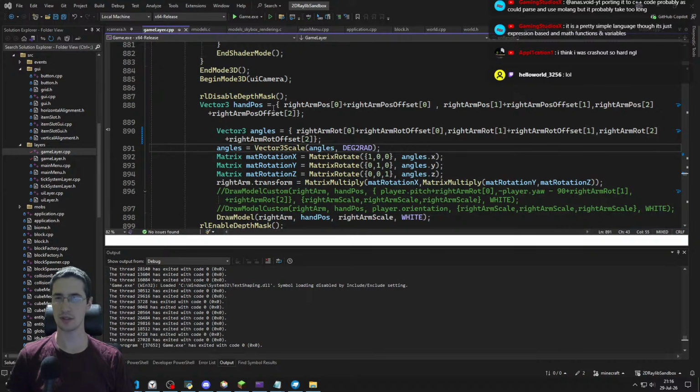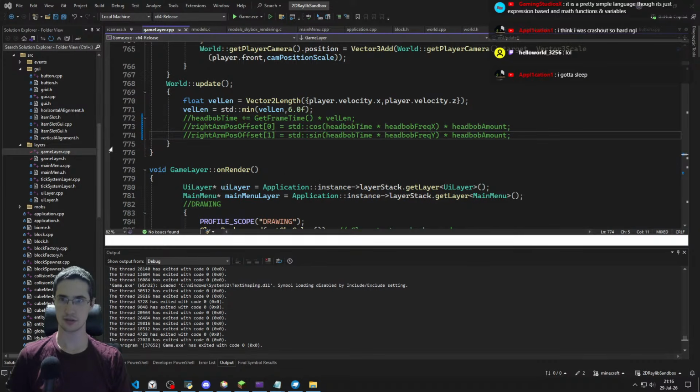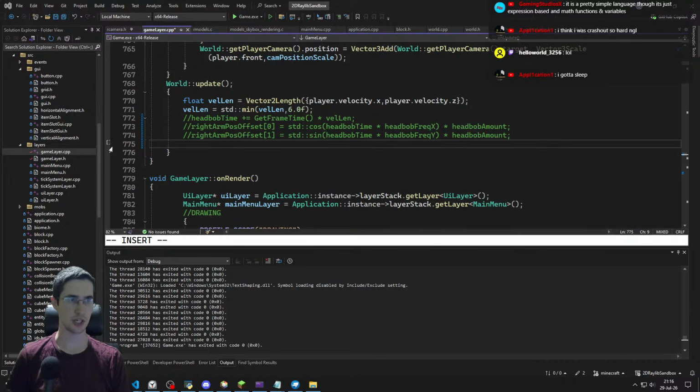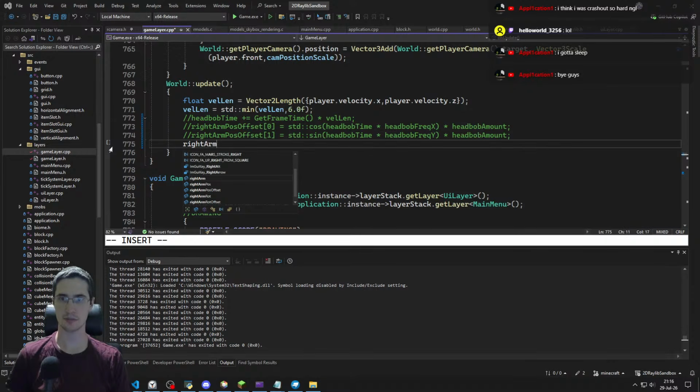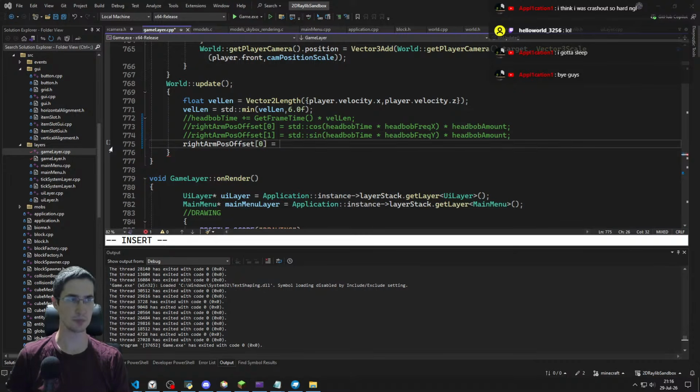Let's now go back here. On every frame, we'll change the position and rotation offset using sine and cosine. That's what we're going to do. So let's do right arm position offset. For the X value we'll keep it extremely simple, chat.